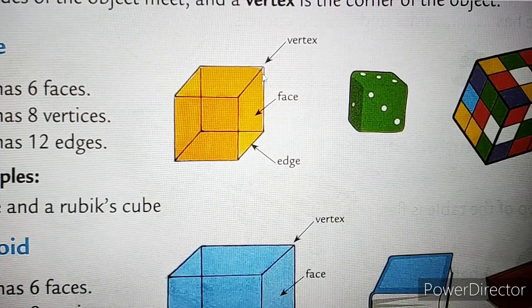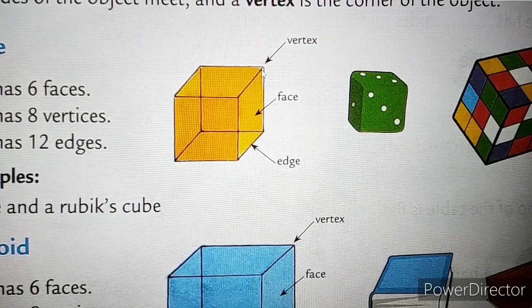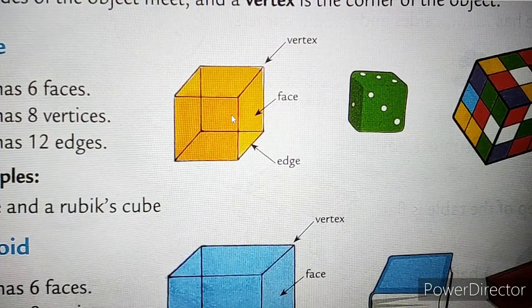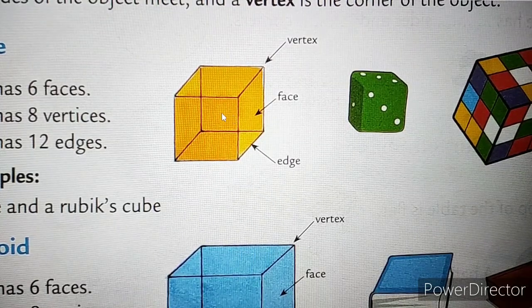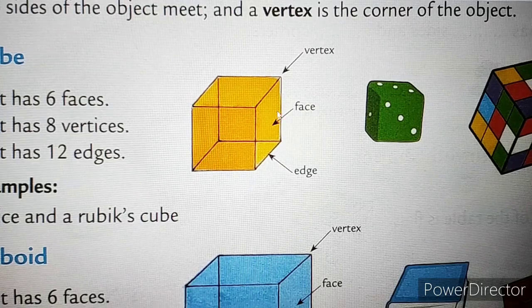You can see a box has corners. These corners are called vertex. So a solid shape has faces, meaning the flat surfaces, edges where the flat surfaces meet, and vertex where the edges meet. Okay students?